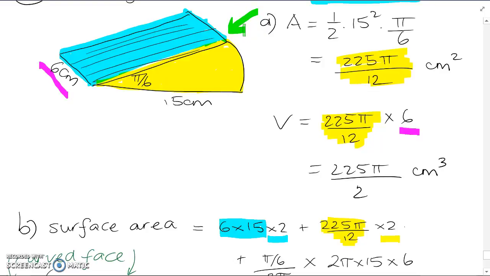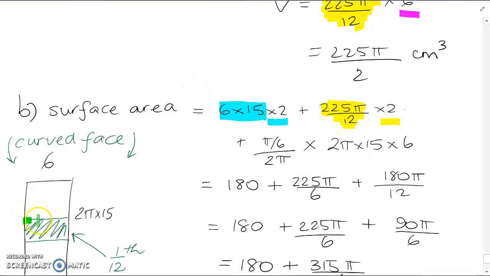The bit that was interesting was the area of that face there, which is hidden. So if you think about it, that curved face there, it's here. Now you might say you don't get that. Well, I want you to imagine that curved face, so there it is there.